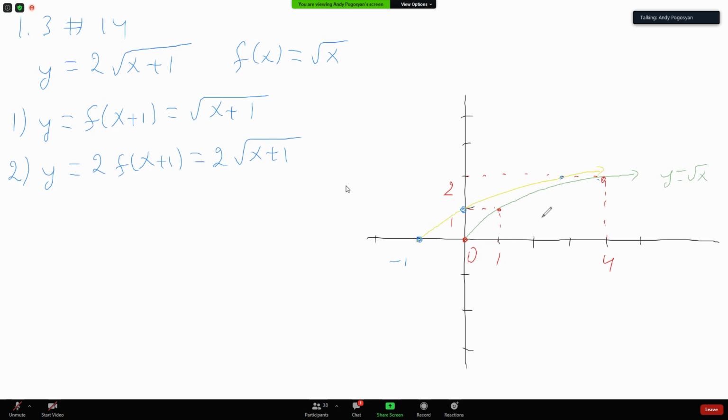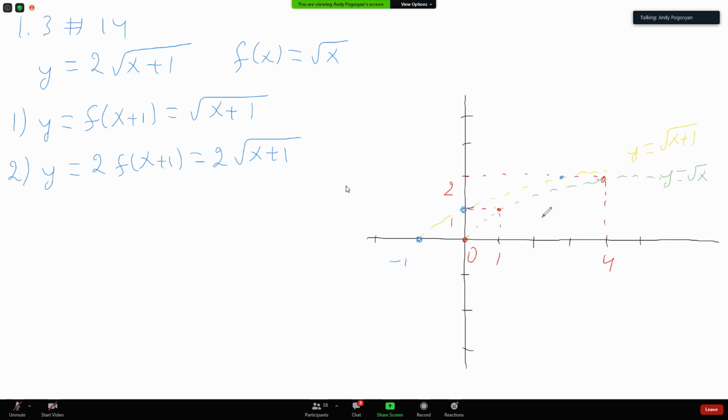So y equals square root of x plus 1. Now we can use dotted lines for both of them. So this is this one, and this is this one.